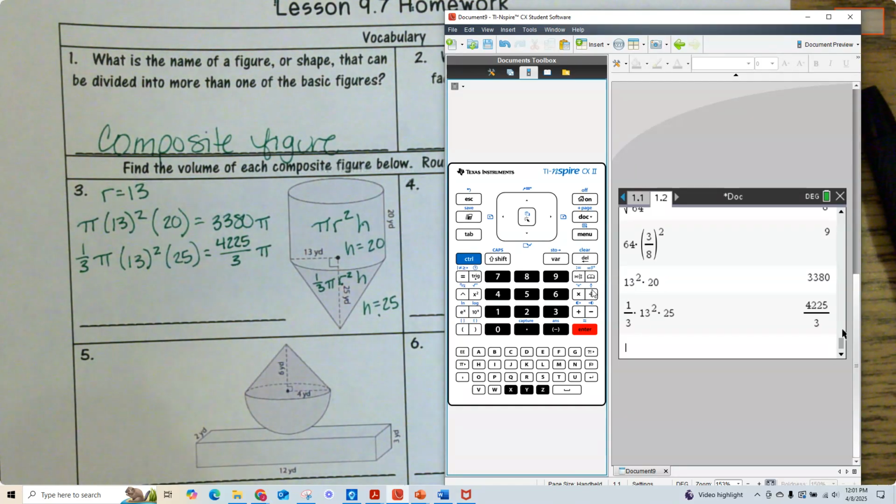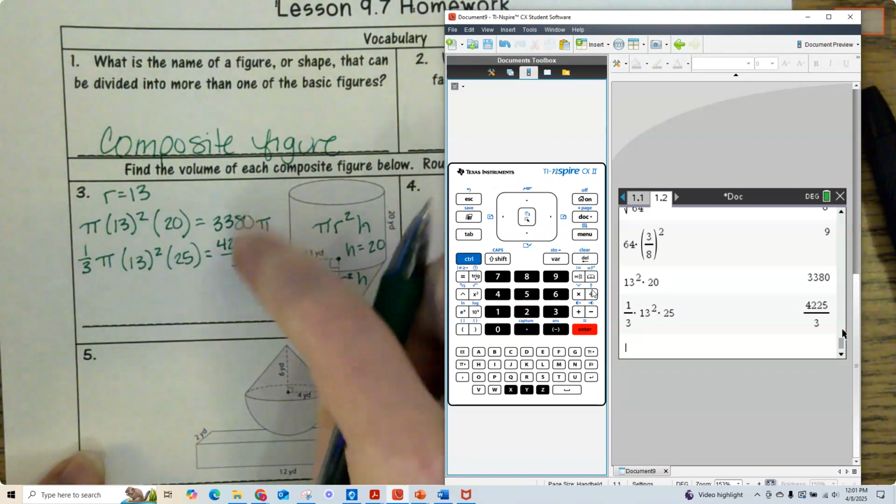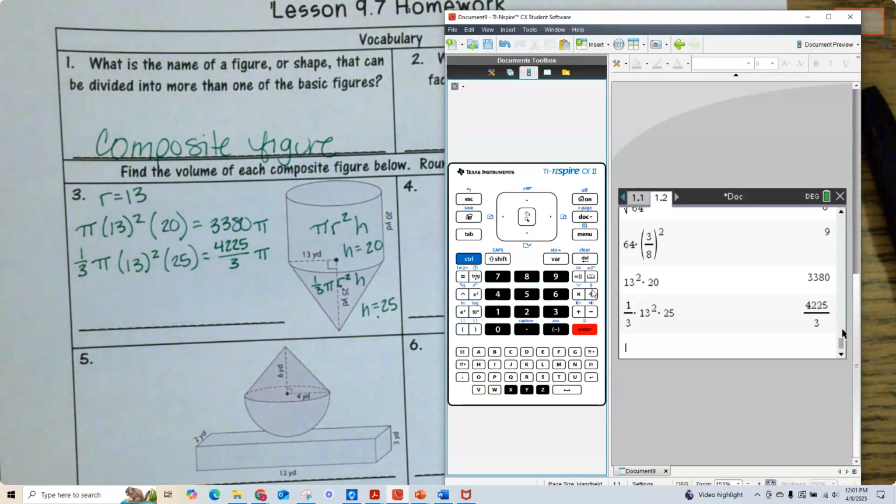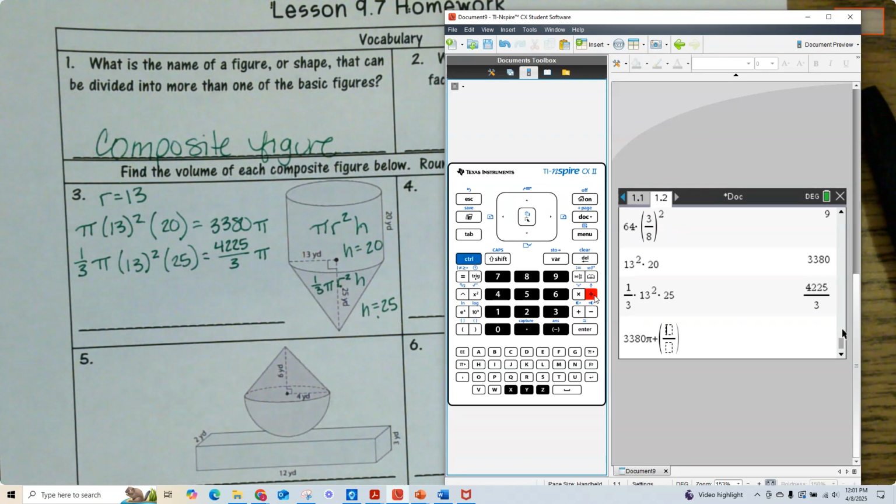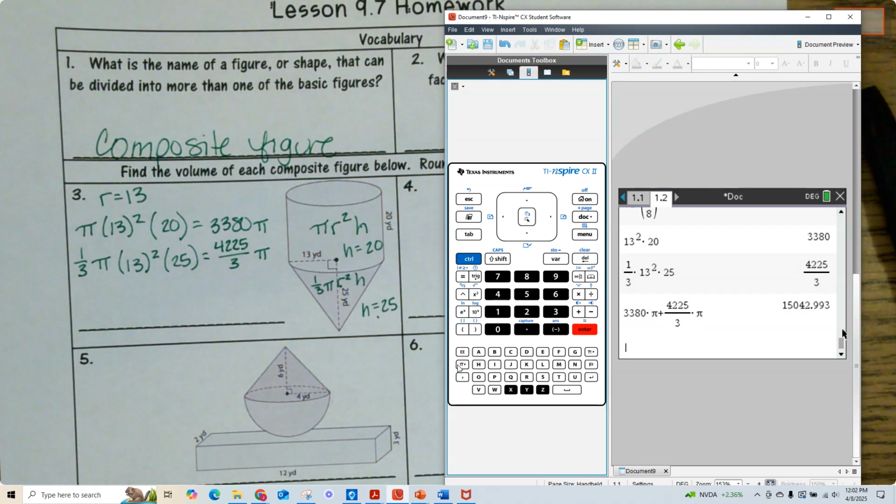Your very last step is to add these two things. Now we can use the pi, because now things can get a little bit messy and we can round it off and be good. I'm going to put the second one in parentheses, especially for this one since it's a fraction. I don't want that pi to get in the wrong place. Okay.